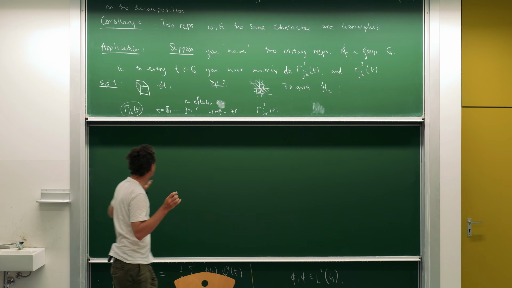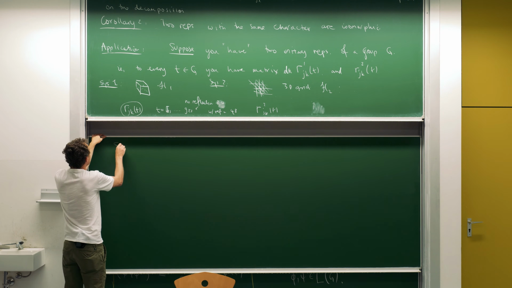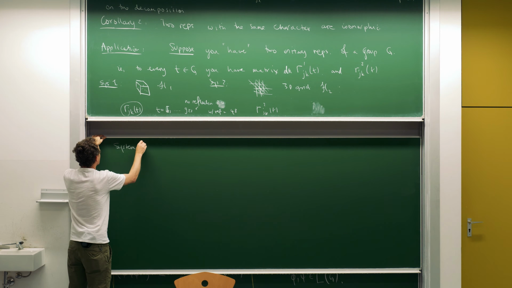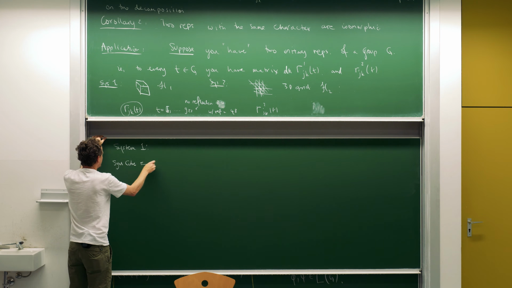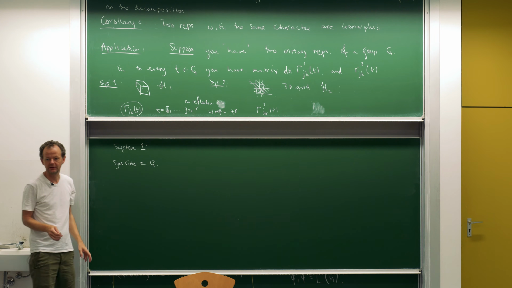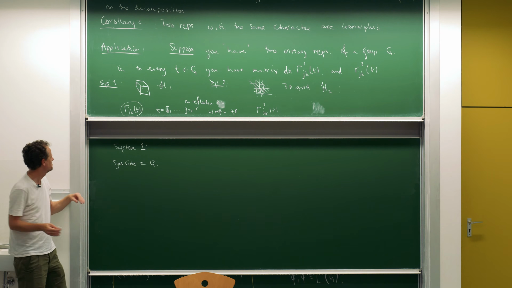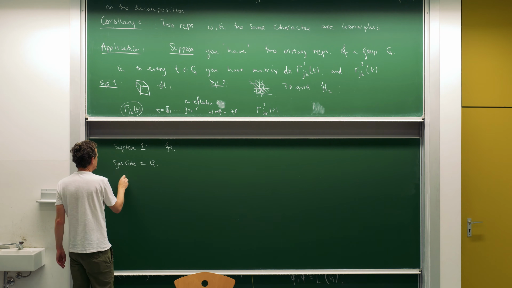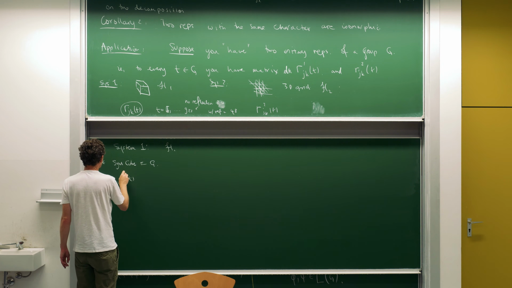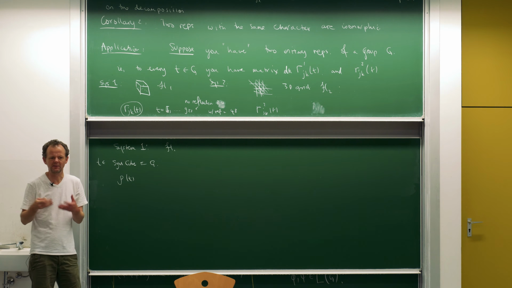So the story so far, right? We have system 1. The symmetries of the cube is the group G, and system 1 is cubic. It has a Hilbert space, H1, and for every symmetry of the cube, there's a unitary matrix that we worked out, because we have a basis, right?